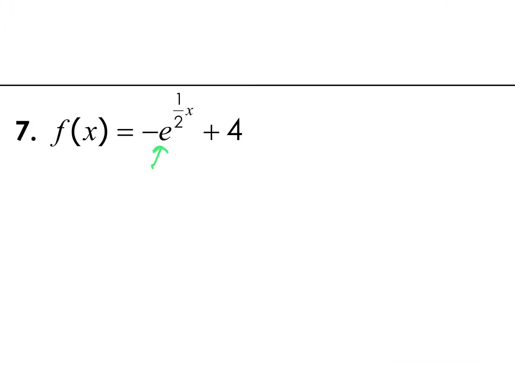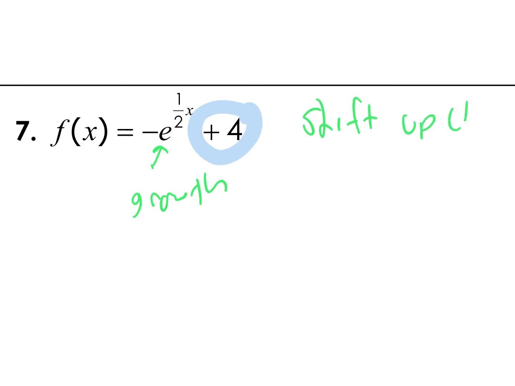e makes it a growth. Plus 4 means shift up 4. This minus means flip over the x-axis.